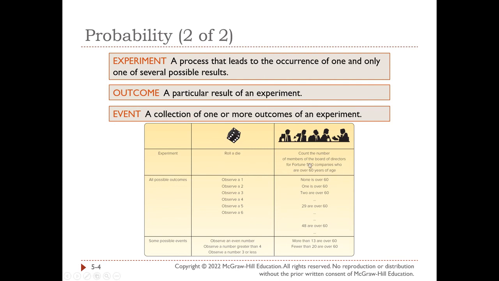they give another experiment: count the number of members of the board of directors for Fortune 500 companies who are over 60 years of age. And they give plenty of outcomes depending on how many of these executives, which could be a lot bigger, and some events as well.